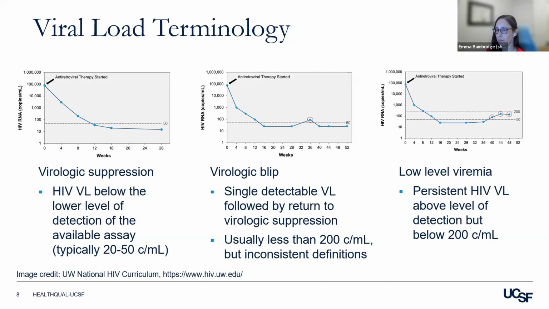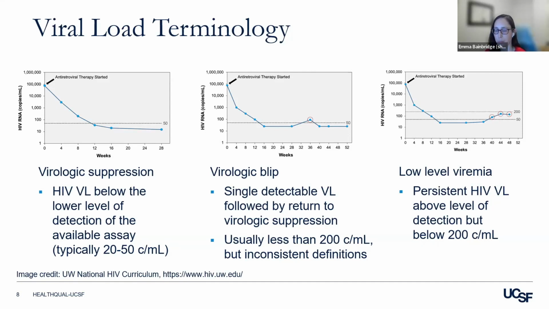So going from left to right here, starting with virologic suppression, I have a written definition and also a graphical representation of this just to get a sense of how this looks if you're trending out your viral loads. Virologic suppression is a viral load below the lower level of detection of the available assay.